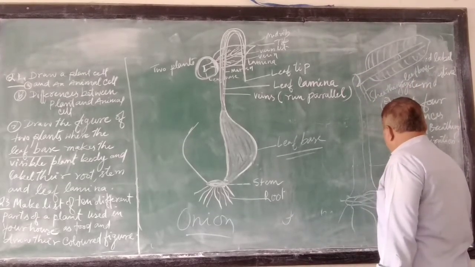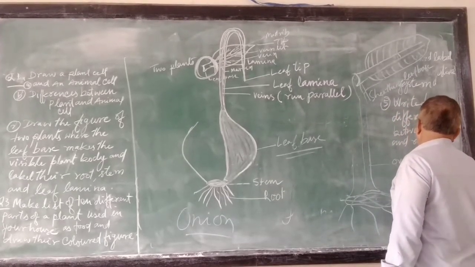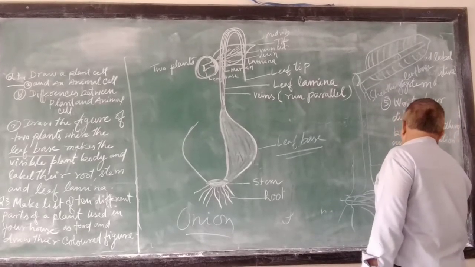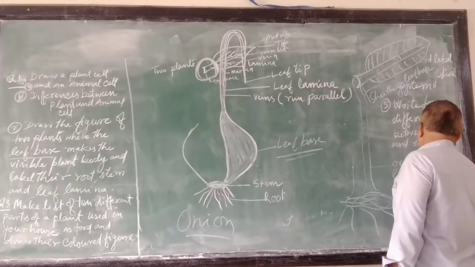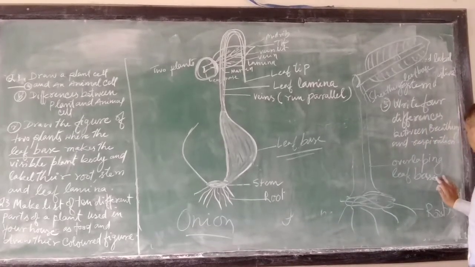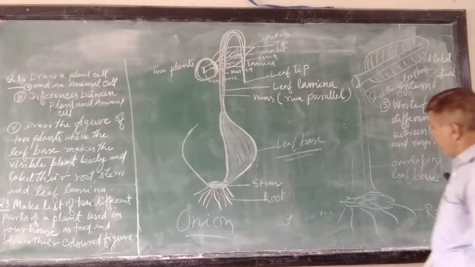So this is overlapping leaf base of banana, right.